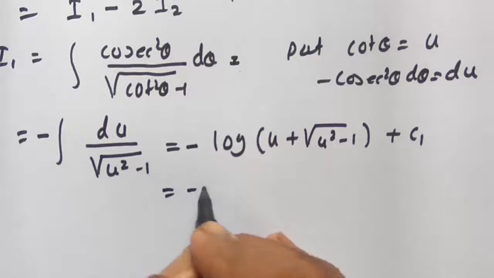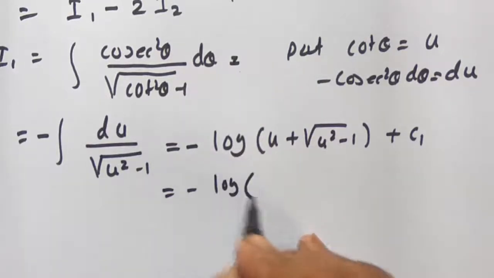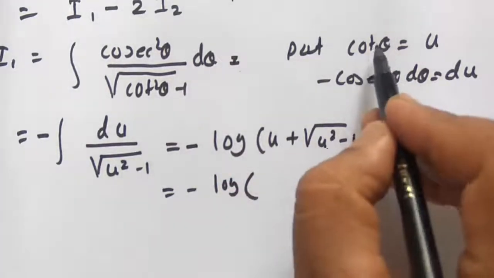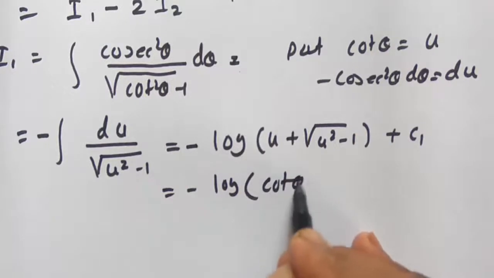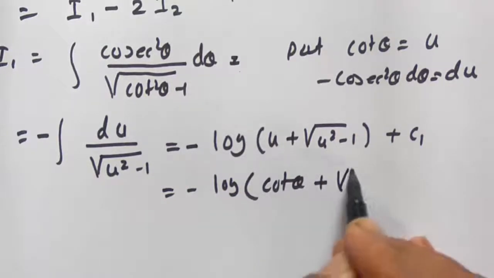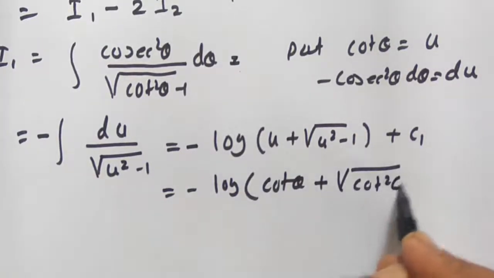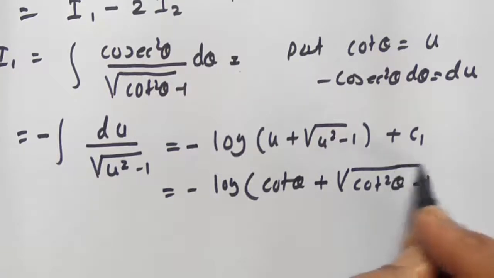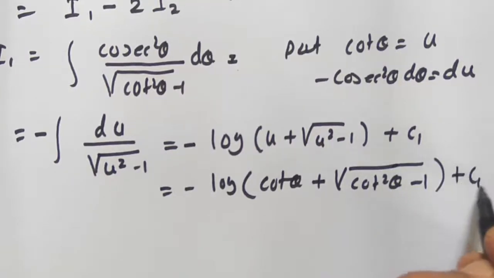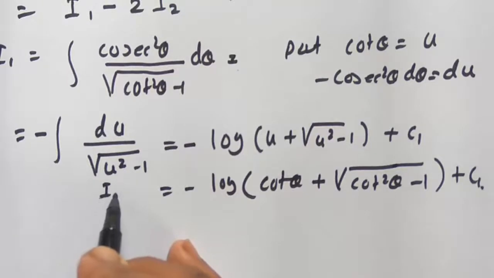So this is equal to minus log of, now u is equal to cot theta, cot theta plus under root of cot square theta minus 1 plus c1. This is equal to I1.